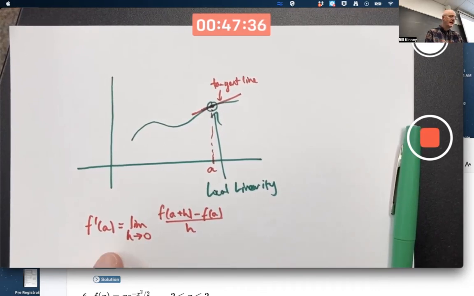f is differentiable at a if f prime of a exists, if this limit, again a two-sided limit, where h can approach 0 from the right or from the left, exists. Most of our nice functions are smooth, differentiable everywhere they're defined. This limit does exist for power functions, for polynomial functions, for exponential functions, for cosine and sine, tangent and secant, where they're defined at least.